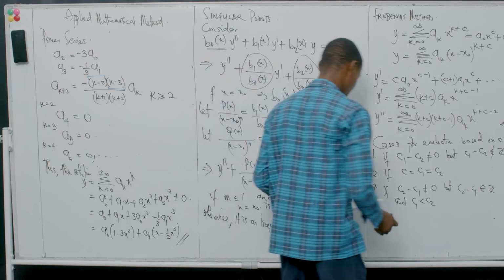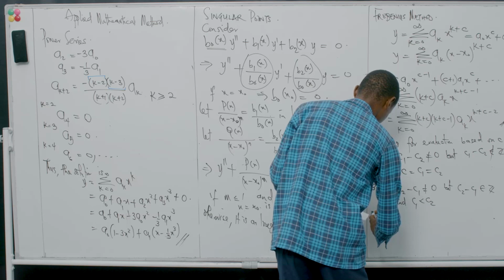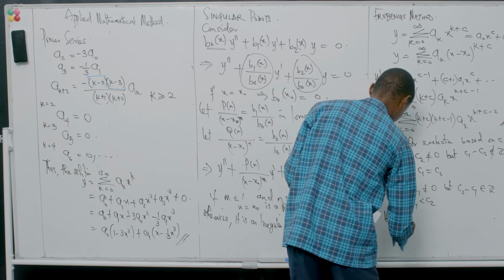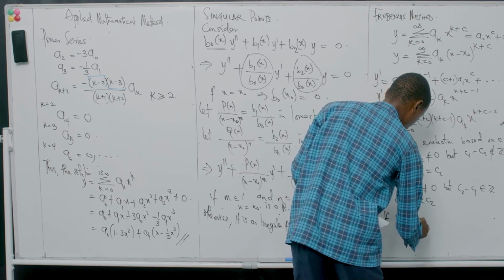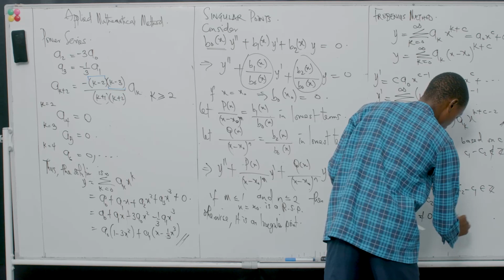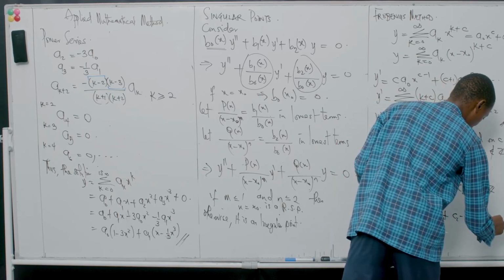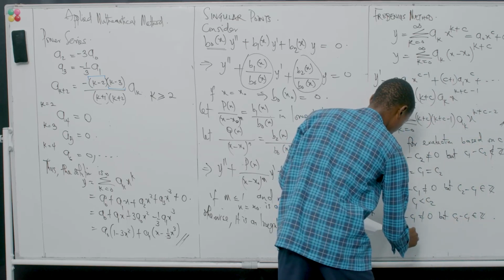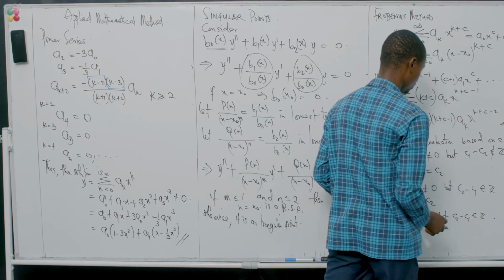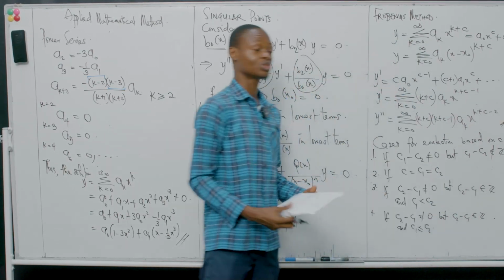And then the fourth case, for reference, is if c2 minus c1 is not 0 as well, but the subtraction is an integer. However, it is not strictly less; it is now less than or equal to c2. So these are the four cases you can have.